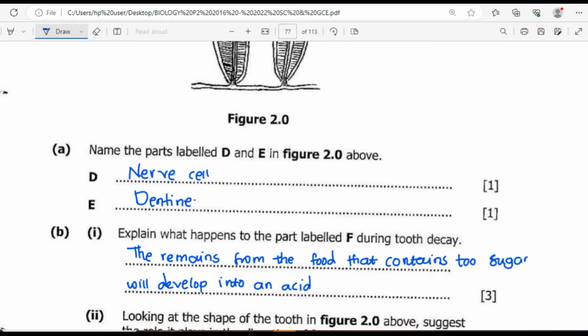So there is an acid that we call plaque. Then what this plaque does, it dissolves the enamel.